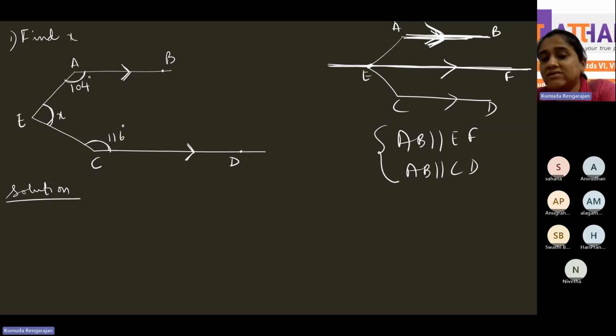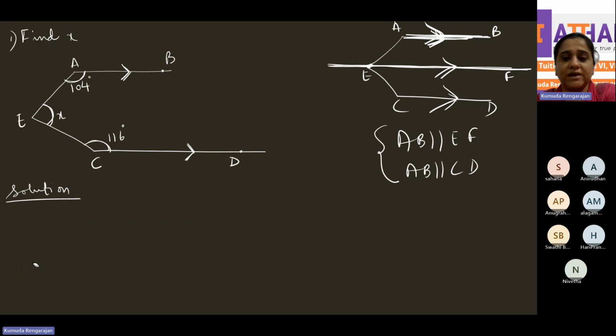Here the two lines are EF and CD. They are parallel to the same line AB, so they are parallel to one another. Therefore, EF is parallel to CD.